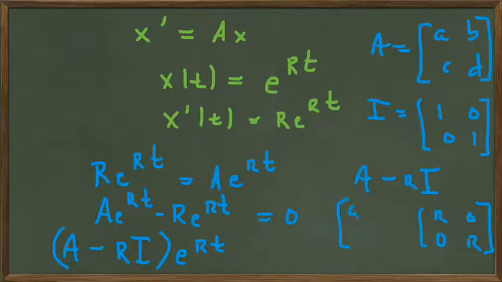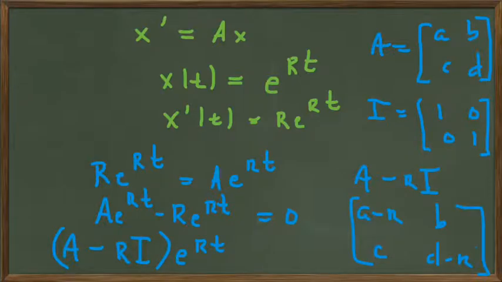It's a, b, c, d minus that, and so it actually looks like this: a minus r, b, c, those two entries don't change, and then the d has r subtracted from it. So that's what A minus rI looks like in the general sense, and you can see that A minus rI is a matrix, whereas if we just did A minus r, we wouldn't know where to subtract the r's.